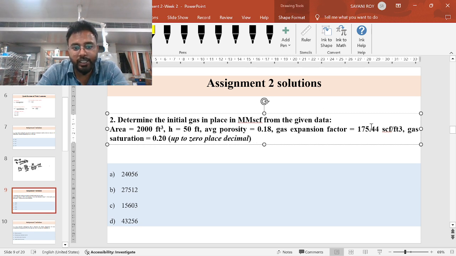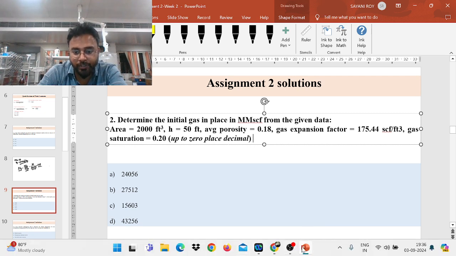Gas saturation is 0.20, and the options are: option A 24056 mmscf, option B 27512, option C 15603, and option D 43256. Write down the question and try to solve it. I will give you 5 minutes.